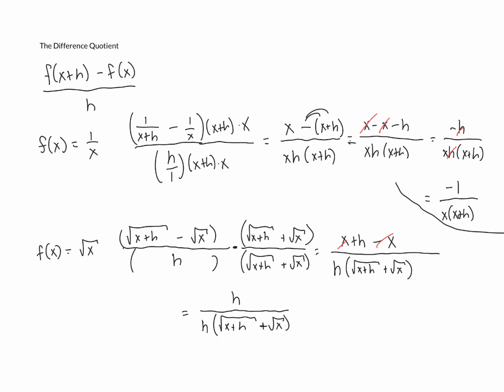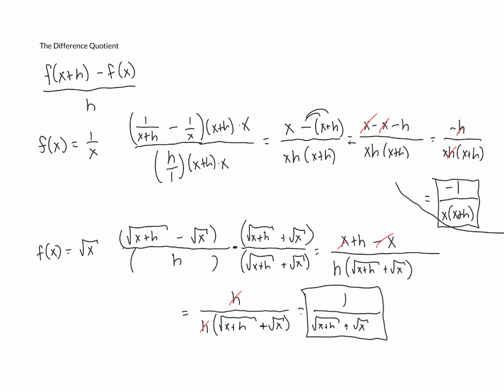And then we can even see that there's a factor of h in the top and bottom that cancels, which leaves us a 1 in the top. And then in the bottom, we have the square root of x plus h plus the square root of x. And that's the difference quotient for the second one.